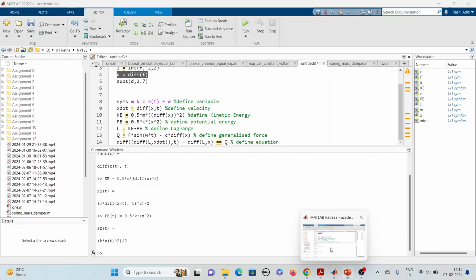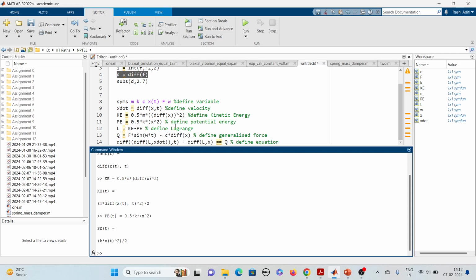So if I come on to this equation here, first I'll define the Lagrange as equal to kinetic energy minus potential energy. Here I can get it: x dot square m by 2, which is the kinetic energy, minus k x square by 2, which is the potential energy.